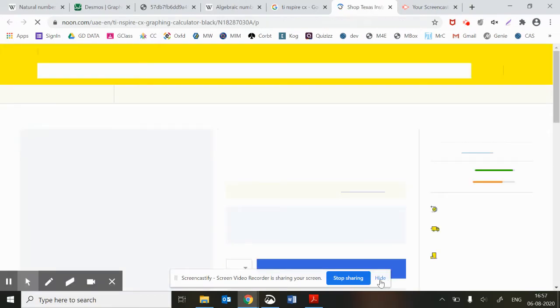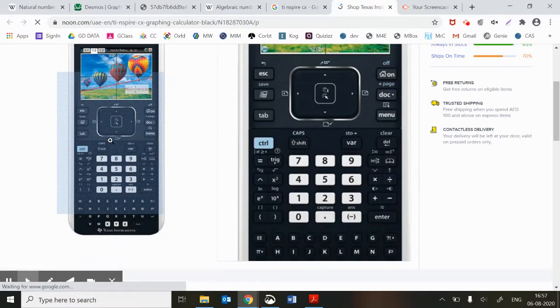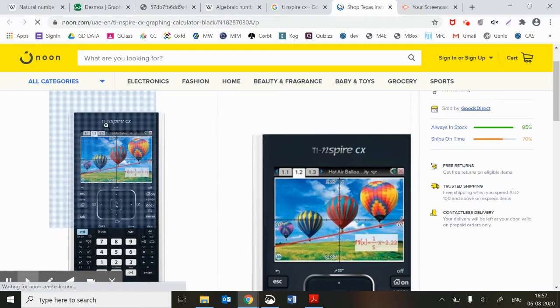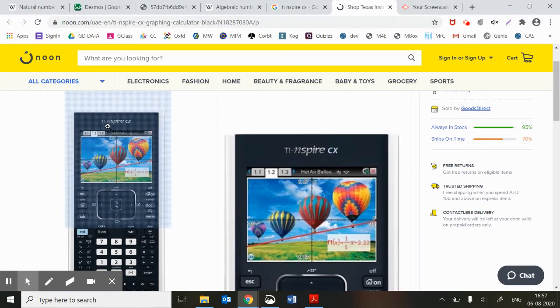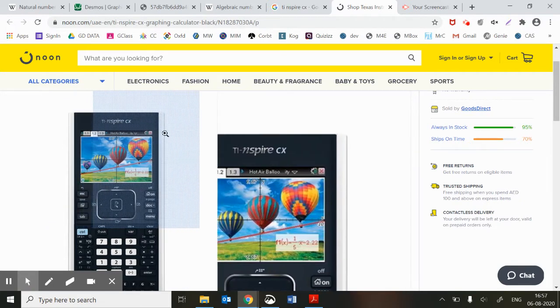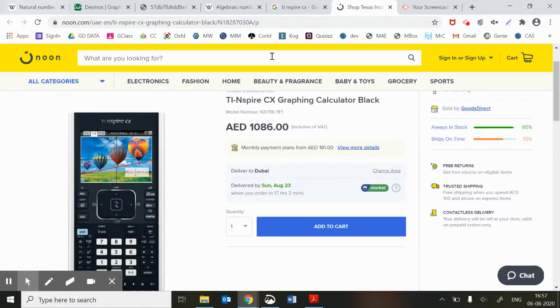This one here, if we go to noon.com, I'm not saying it's necessarily the best priced. Here we go. This is the version which you need. The TI stands for Texas Instruments, Nspire CX, and not the CX CAS one. Definitely not that one.